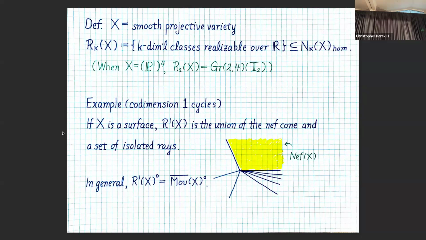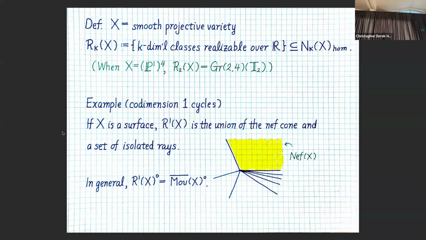These isolated rays are like negative curves, which may have an accumulation point, but that accumulation point will be at the boundary of the nef cone. So there will be a huge chunk of realizable classes, which consist of positive cycles, and there are some sporadic negative cycles, and they can be very erratic.